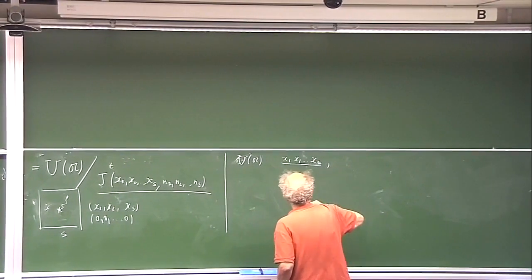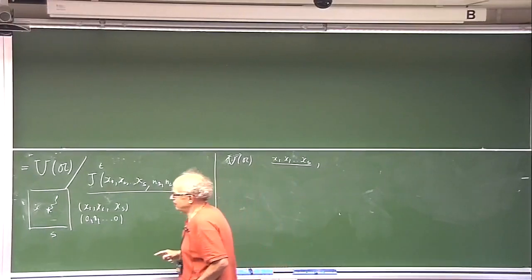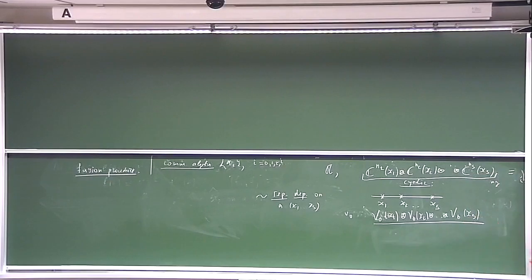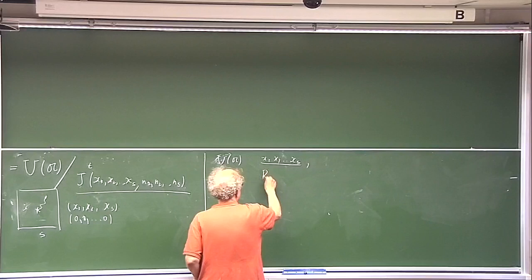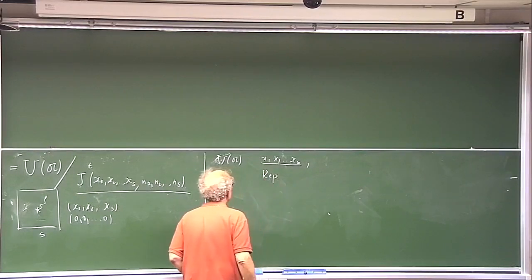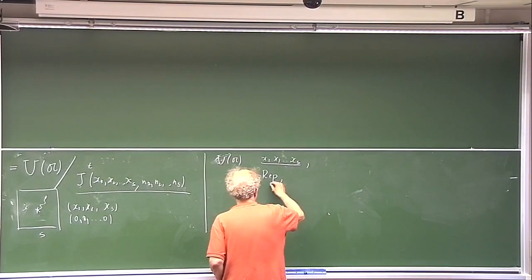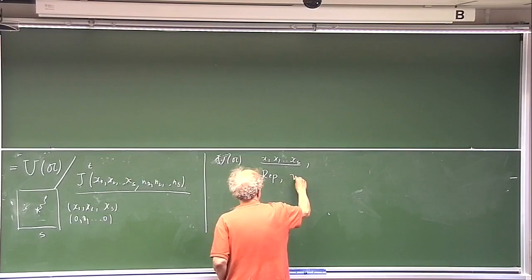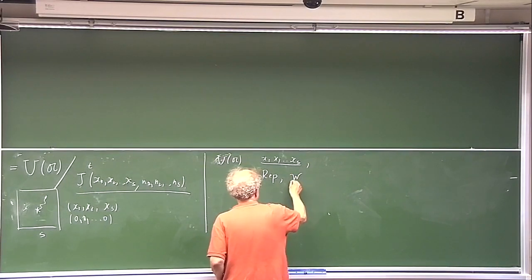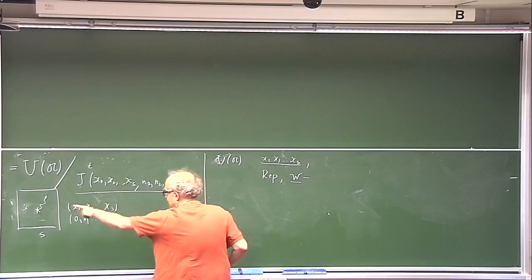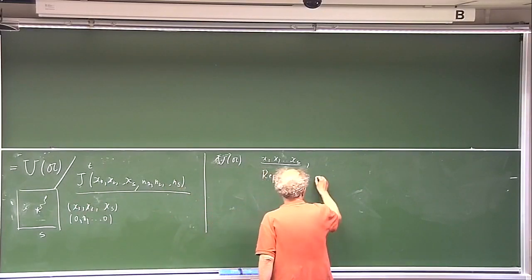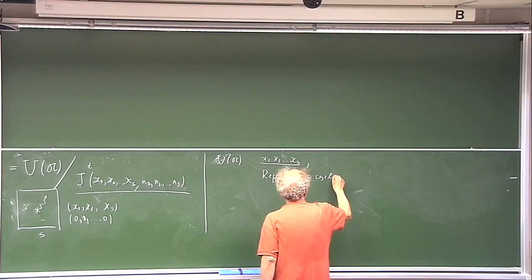Let me take this product of vectors. So I have a representation, maybe denoted by rep, and about this representation I know that this vector is cyclic. The vector may be denoted by W. It is this. It is a cyclic vector.